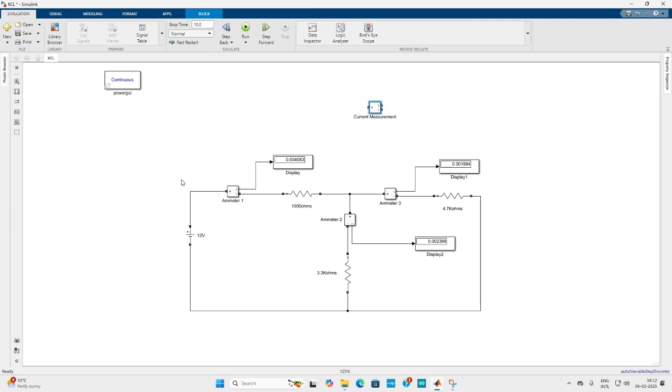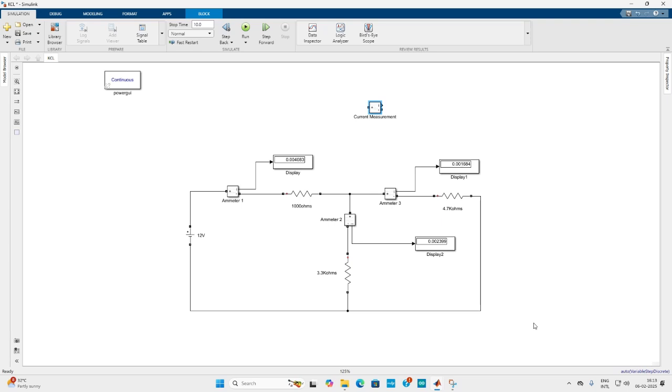The current measurement blocks have to be connected as per the circuit diagram. The output should be connected to the display unit. After completing the entire circuit, we go to the powergui in the library browser and pick the powergui into the circuit.